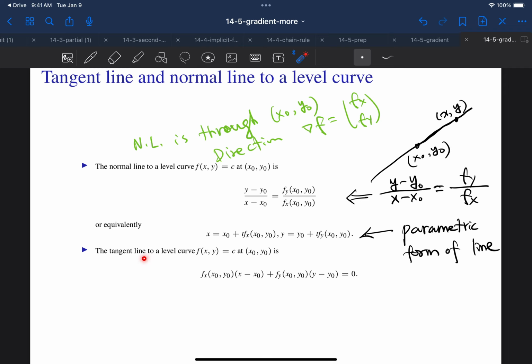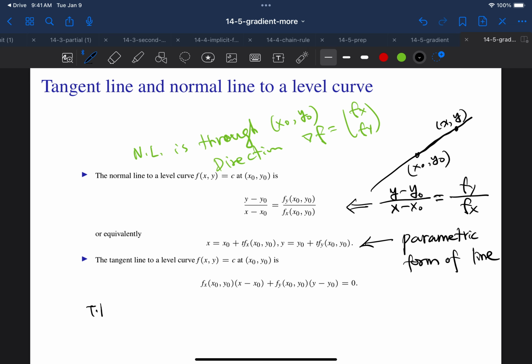All right, what about the tangent line? The tangent line is perpendicular to gradient f. So if I have a tangent line going through x0, y0, then we can take any point x, y here.